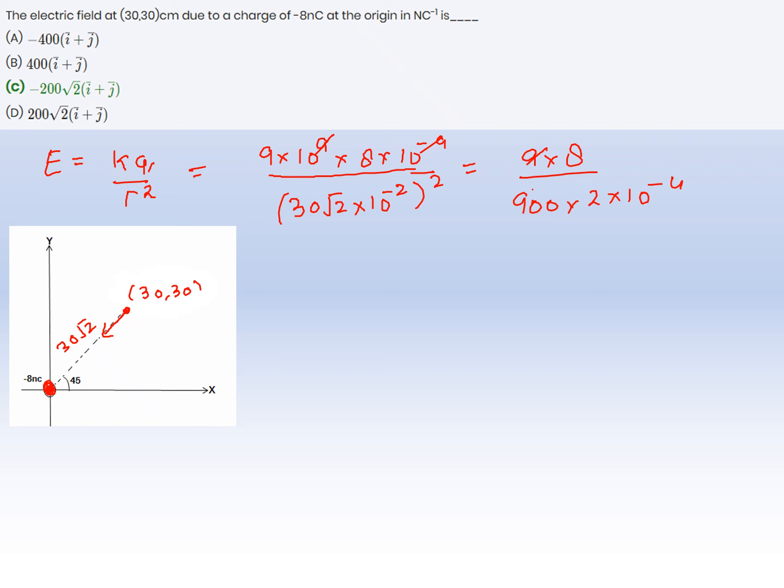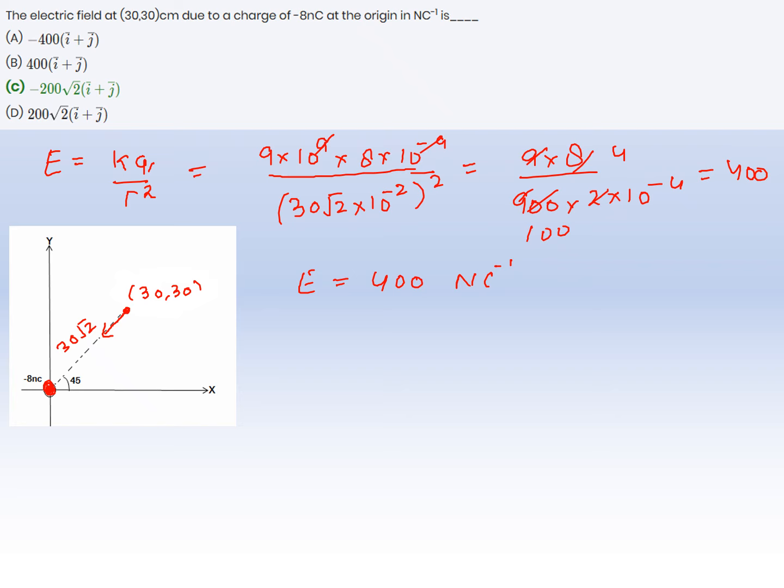So 9 becomes 100 and so on, and this becomes 4, so what we get is 400. So the electric field is 400 Newton per Coulomb, and the direction is towards the origin.